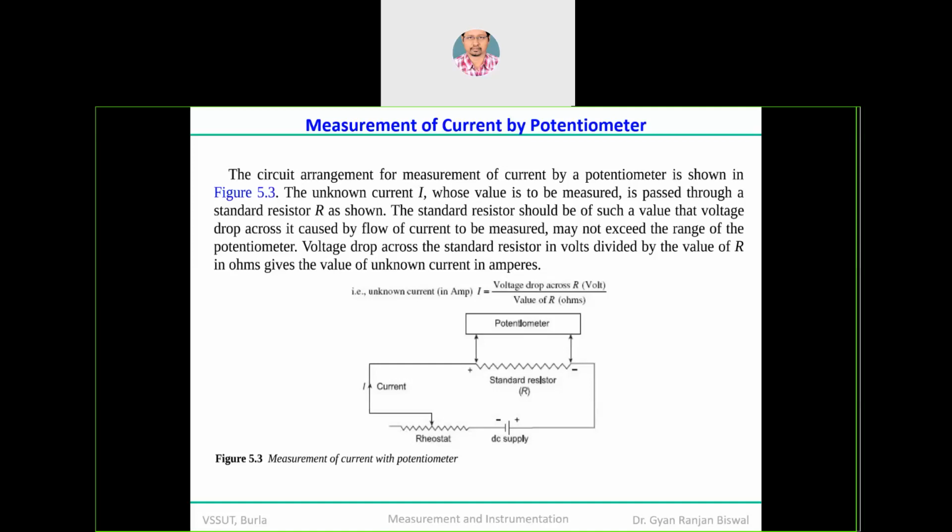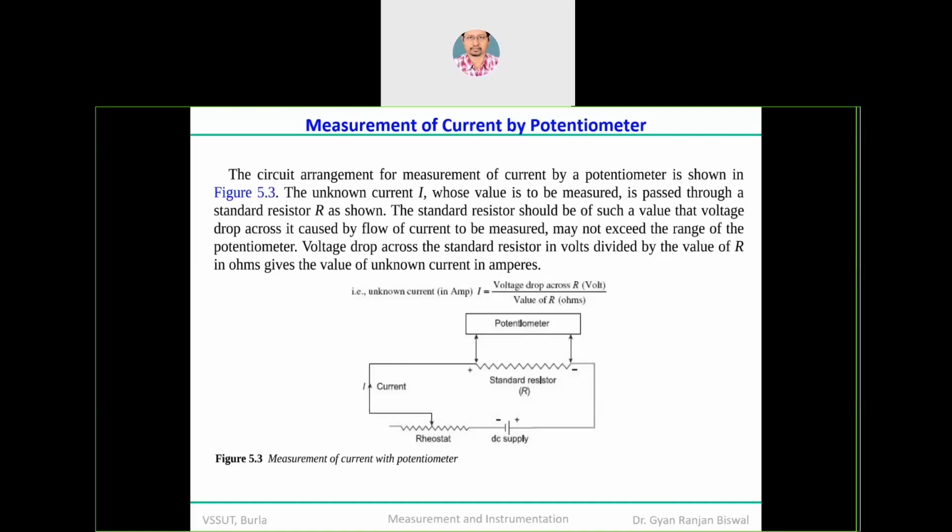There is a DC power supply, so the voltage across the DC power supply is already known. A standard resistor is there. Remember, it is mentioned standard resistors. Standard resistors give you very accurate values of the resistances. If it is not there, then you can use some available resistances in your laboratories, across the potentiometer.